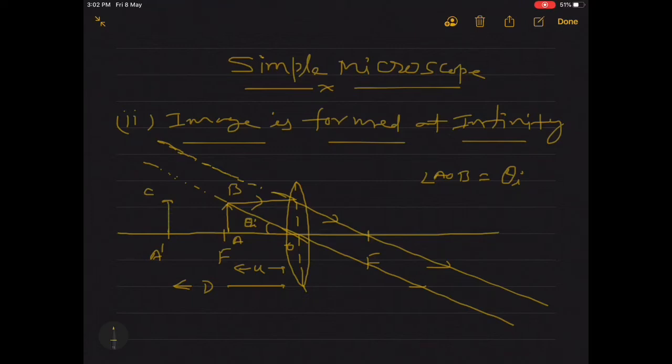Let that point still be the same one, C. If you join this C to the optical center, this angle would be theta O. So angle A dash OC is equal to theta O.